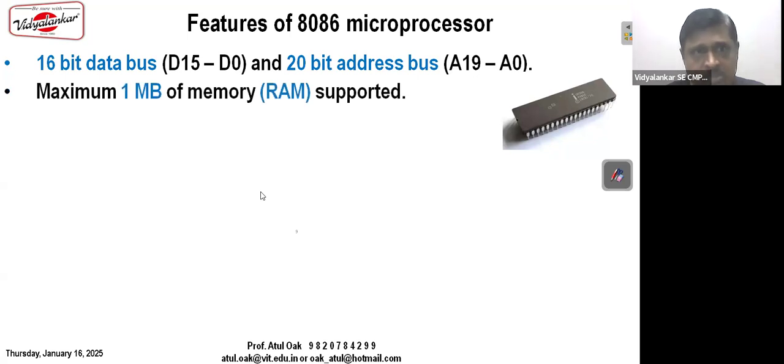Now this processor supports maximum memory of 1 MB. Here there are some calculations, so you need to be very alert. Question is, how do we find, if my processor is 8086, how much maximum RAM I can use?